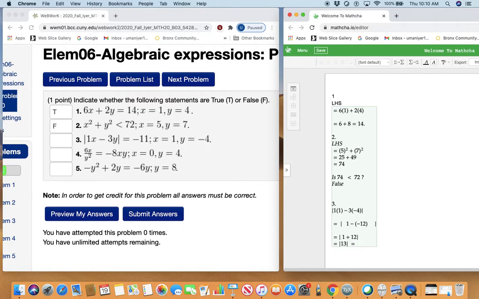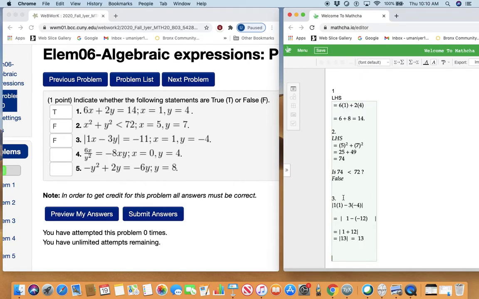Absolute value of a positive number is itself. Question is, is that equal to negative 11? Well, I should have said that earlier, had I noticed. Absolute value cannot be negative no matter what. So this is false. Next.